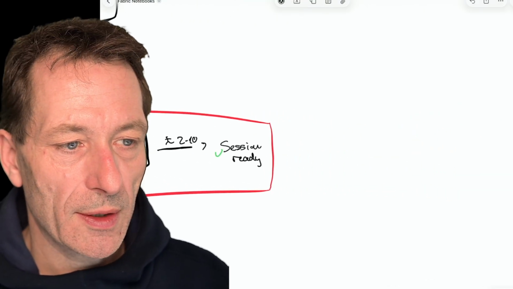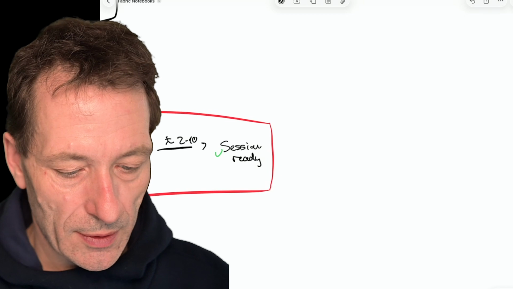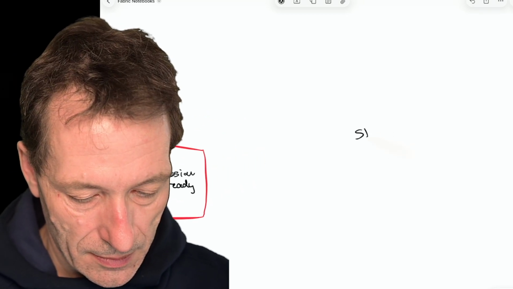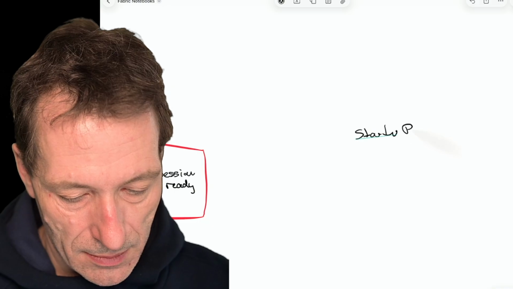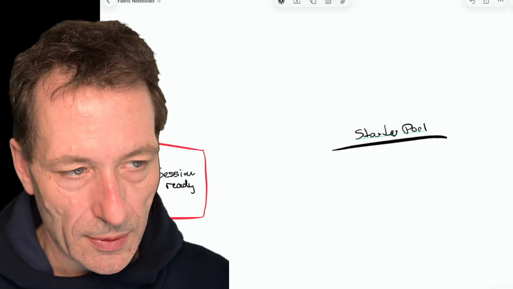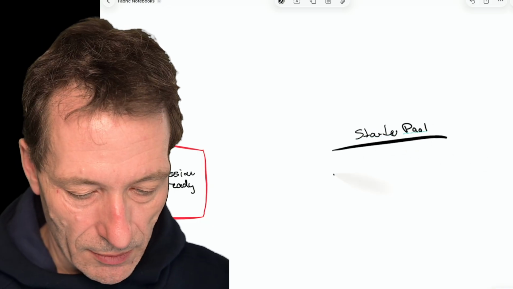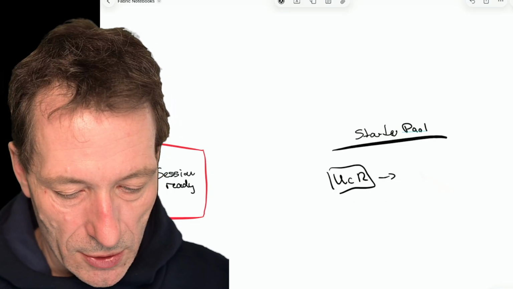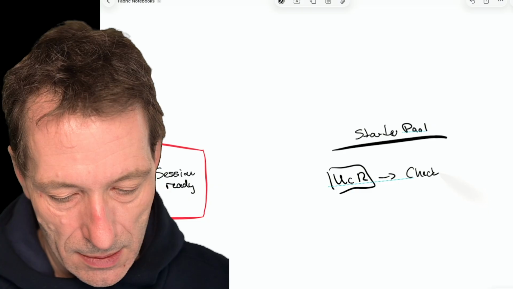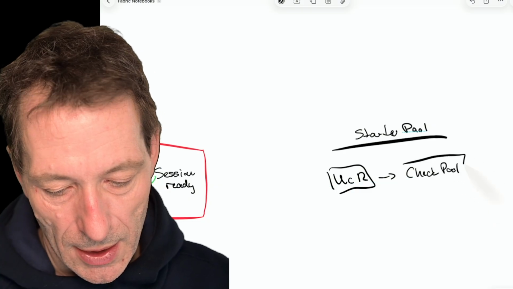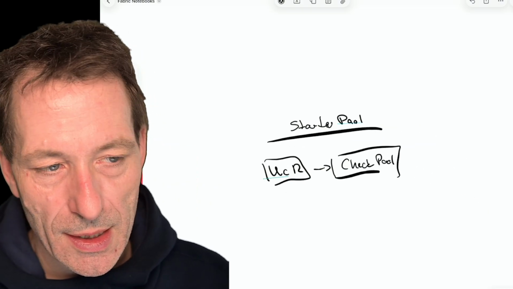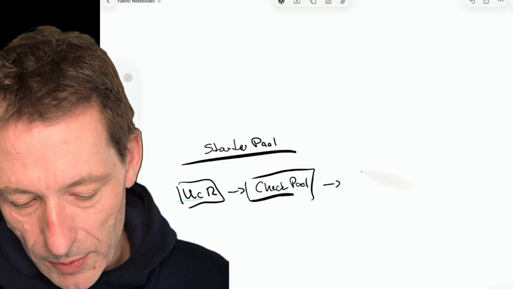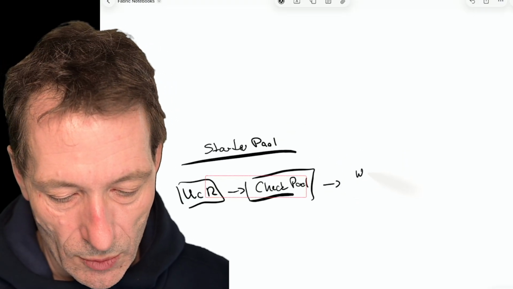When you compare that with the starter pool, it means the user clicks run. I will abbreviate that a little bit. There's a check. Same behavior. Now the check says, hey, we will use the starter pool. The starter pool is already warmed up by Microsoft. So that means there's a warm cluster.